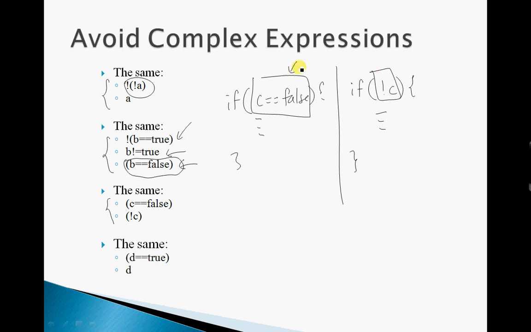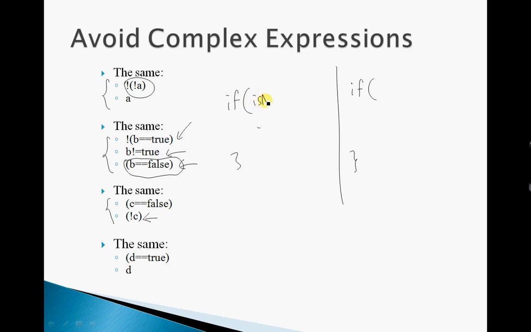This is not wrong. It is easy to read and understand, but this is probably easier to read and understand. It may not be obvious in this case, because I chose a very bad name, C. Let me choose a good name for booleans and you understand why this is slightly more preferable.